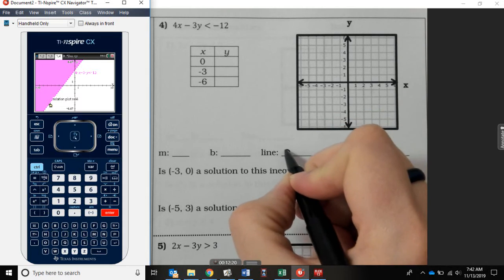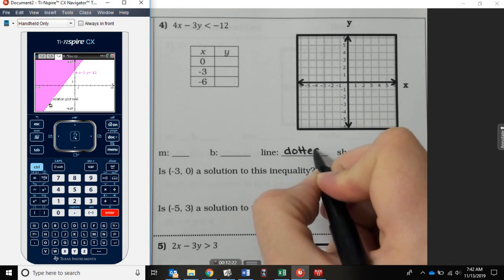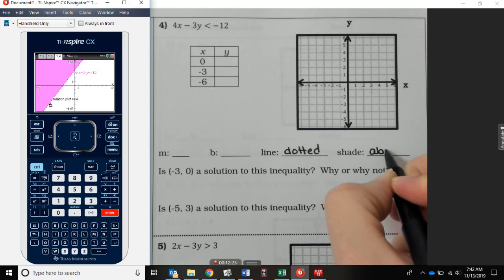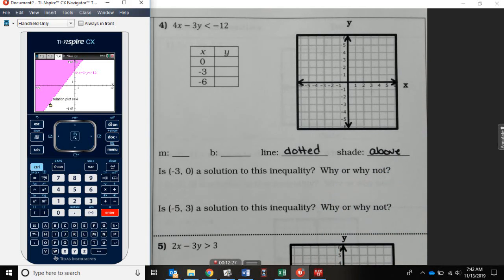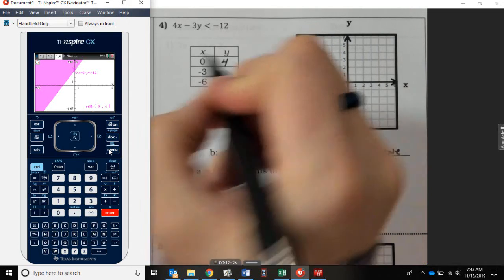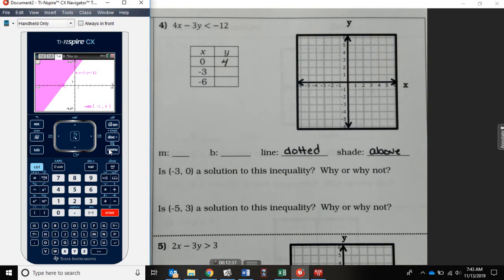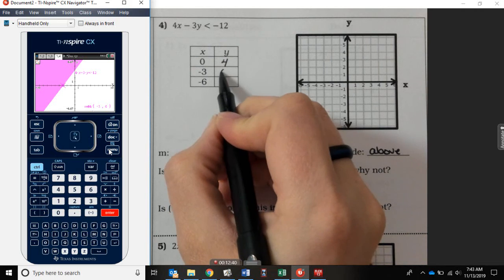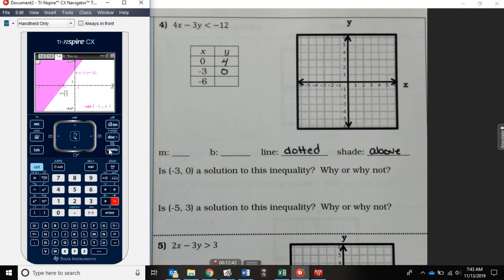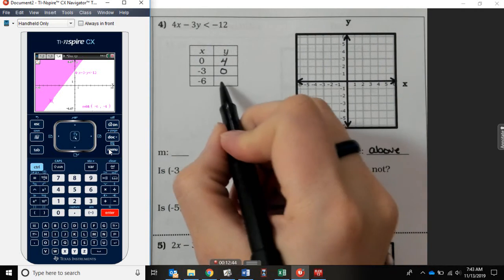Here my line is dotted, and I'm shaded above the line. And so menu, 5, 1, let's get our points. 0 goes to 4. -3 goes to 0. And -6 goes to -4.